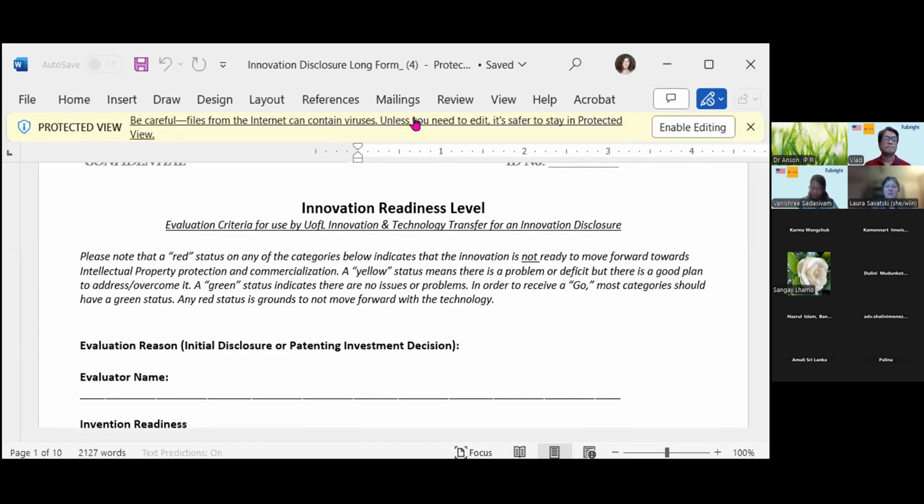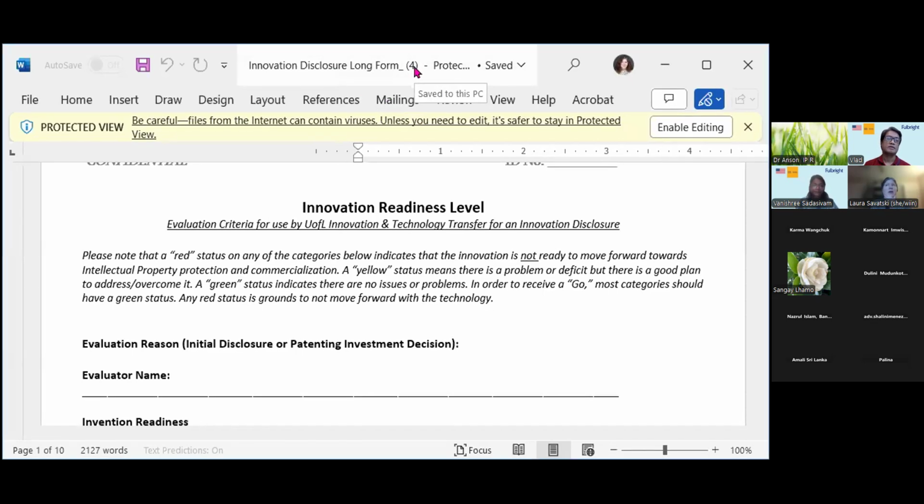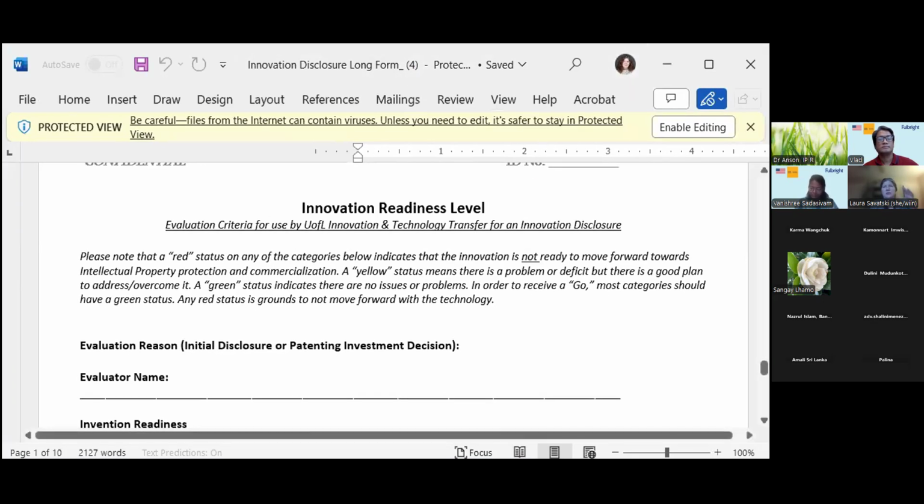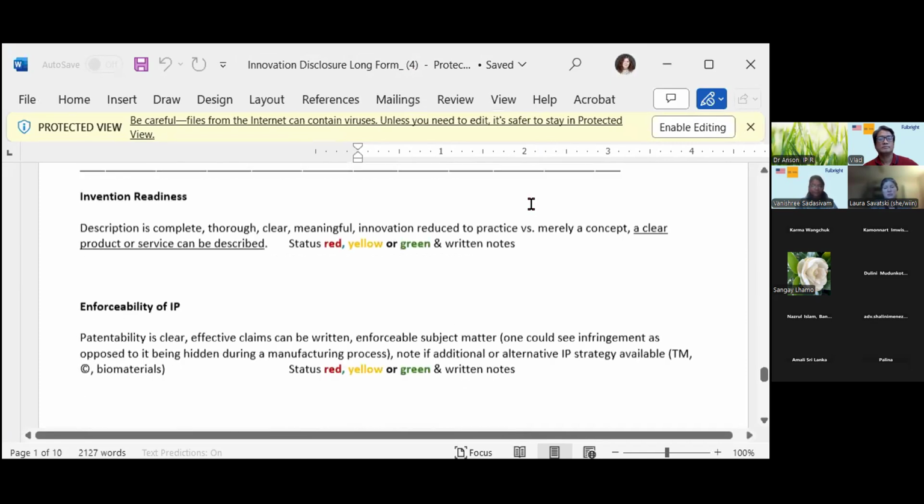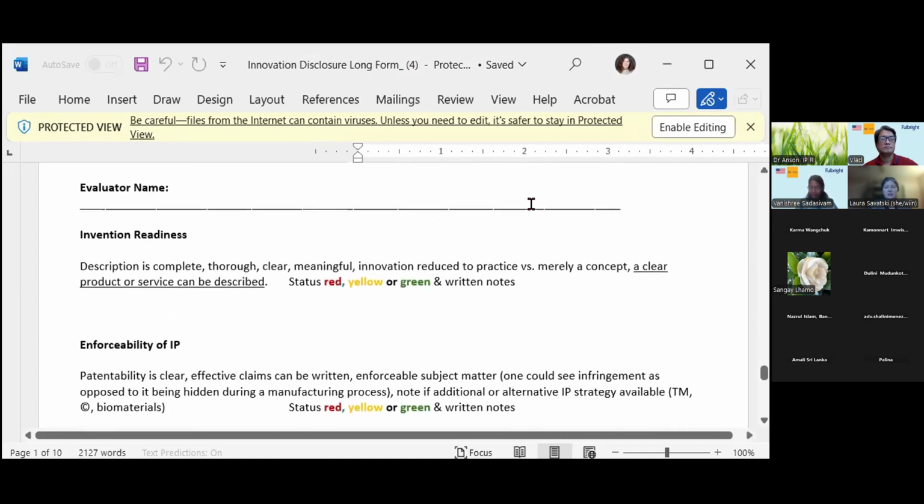which we call the Innovation Disclosure Long Form, as a result of getting in these disclosures from students. So normally when we get a disclosure in from a faculty member, there's no clock ticking on when they're leaving the university. But with students, there really is a clock ticking.